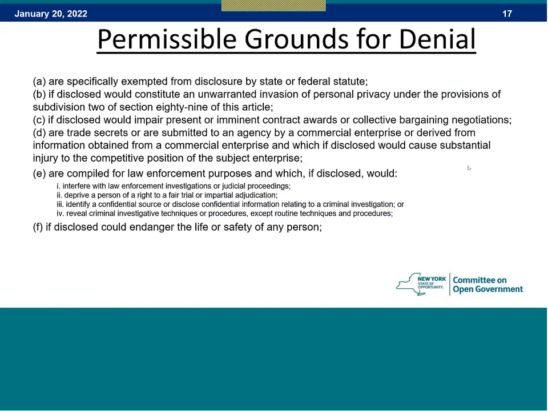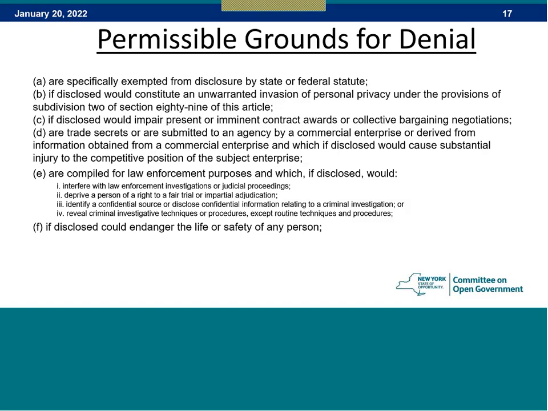The entire list of permissible grounds for denial is A through R, but several of them at the end relate only to vehicle and traffic law, so I highly encourage people not to worry about those too much because they come up so rarely.